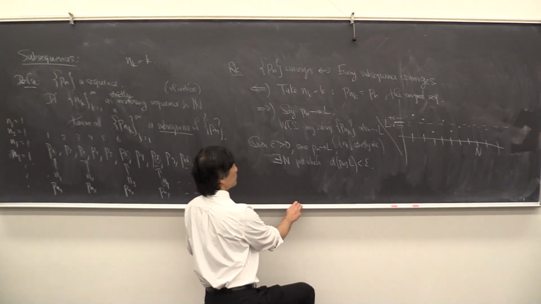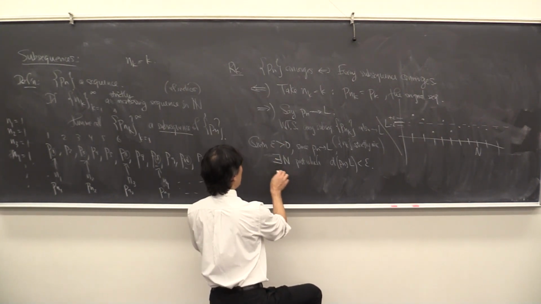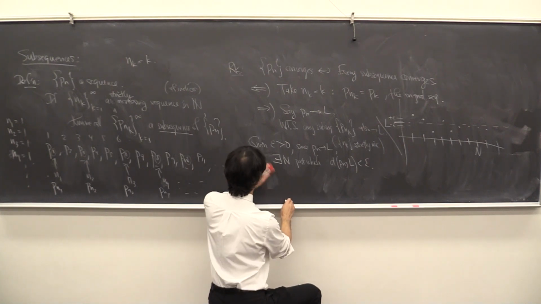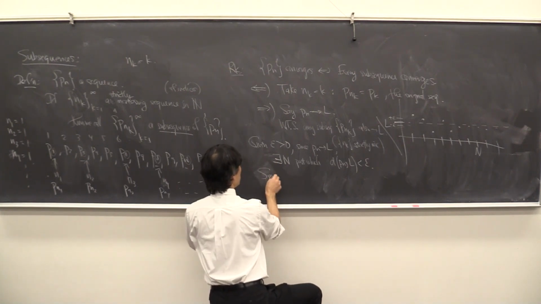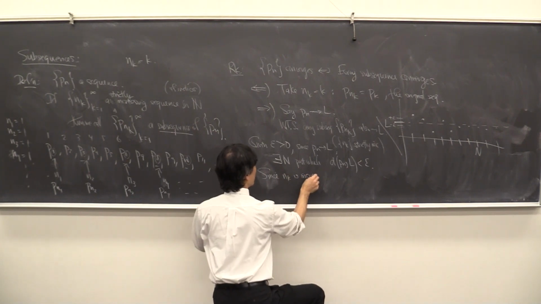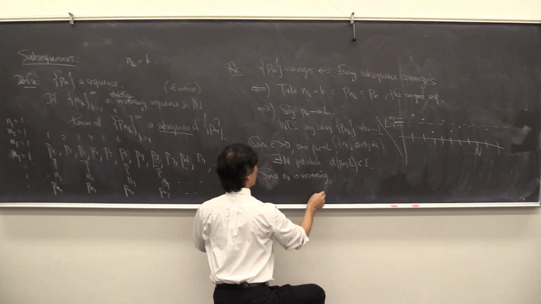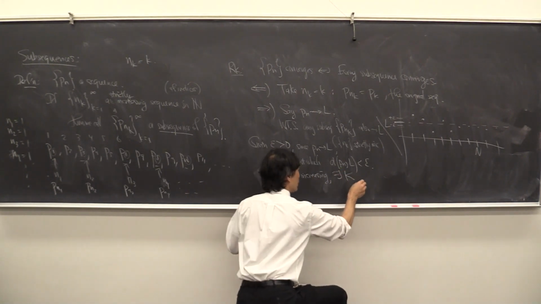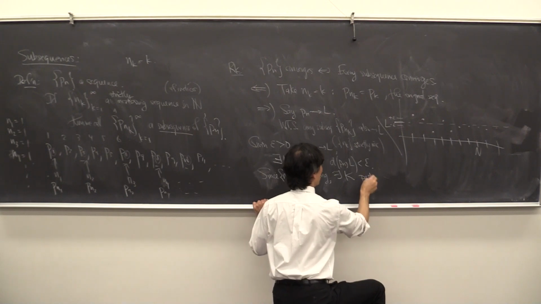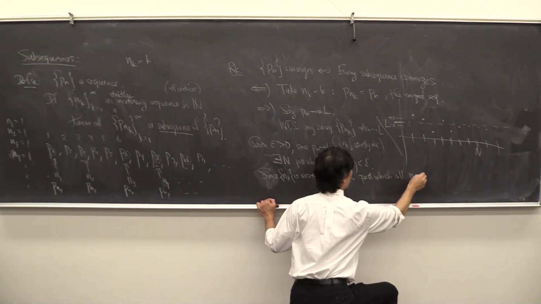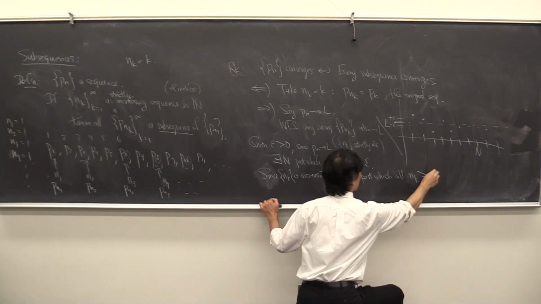But then since n sub k is increasing, there exists a k past which all n sub k are bigger than n.